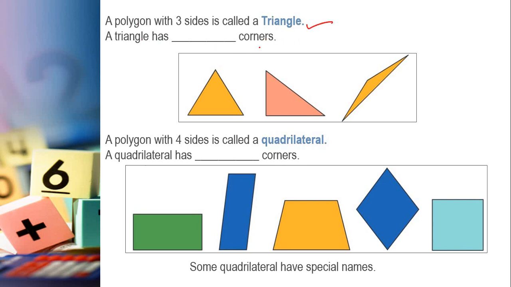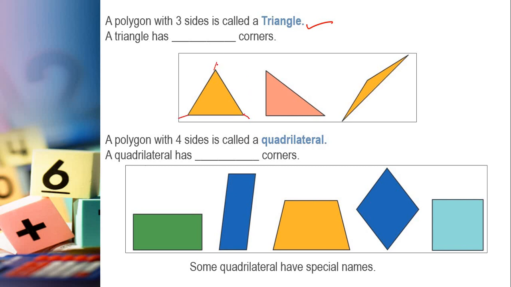A triangle has dash corners. How many corners are there, children? See, these are the corners. These are the corners of the triangle.